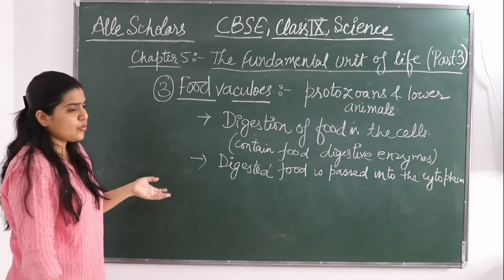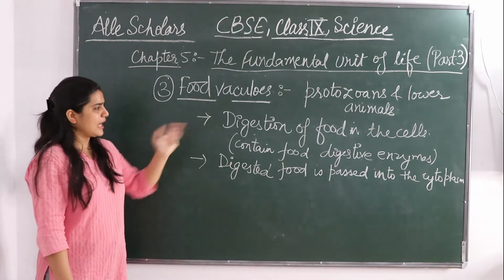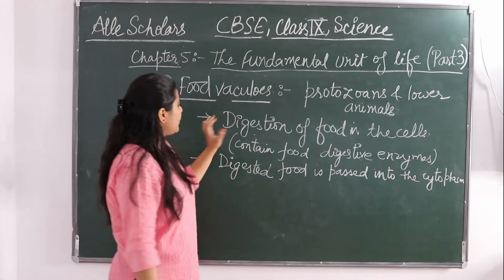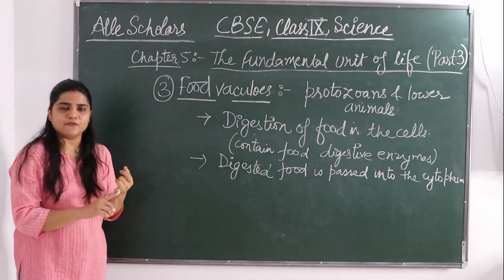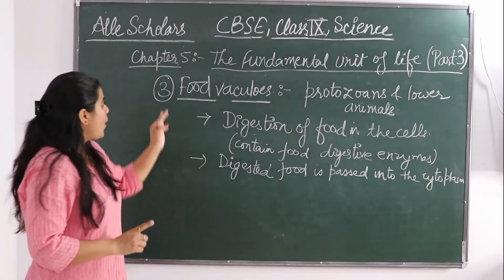It is found in most of the single cell organisms like amoeba. Okay, so this was about the food vacuoles. We have seen sap vacuoles, contractile vacuoles and food vacuoles.